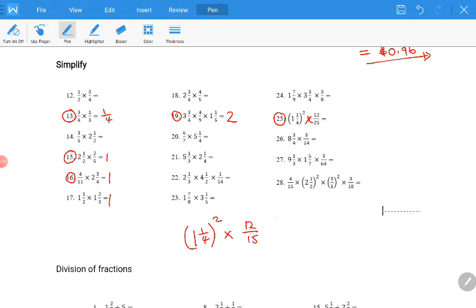So what do we do here? Don't get scared about this square. We just open a bracket, then we convert this into an improper fraction. That's 5 over 4 squared times 12 over 15.